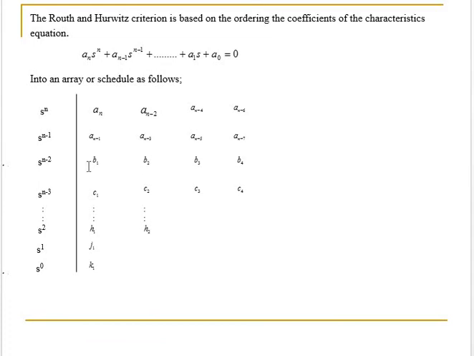Next are the variables that we should calculate: b1, and so on, c1, and then d1, e1, and so on until k1. We calculate all these values with the following mechanism.